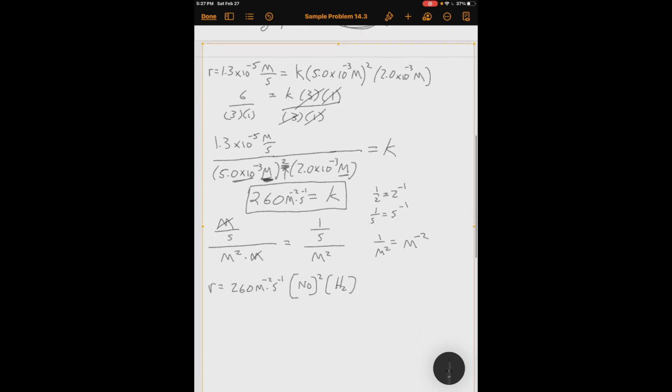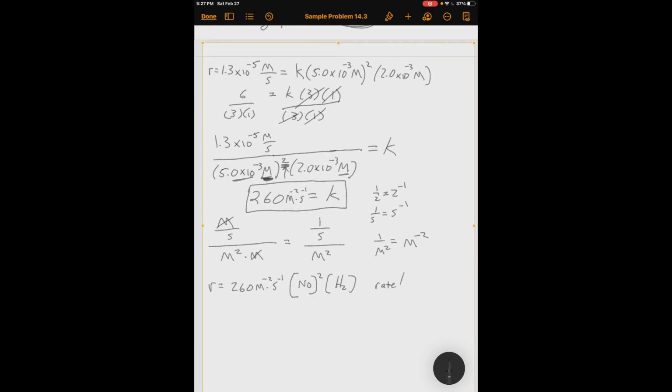That would be called the rate law. Typically, that's what you would say. Oh, now we know the rate law. It's 260 molarity minus 2 seconds minus 1 times the concentration of NO squared times the concentration of H2.